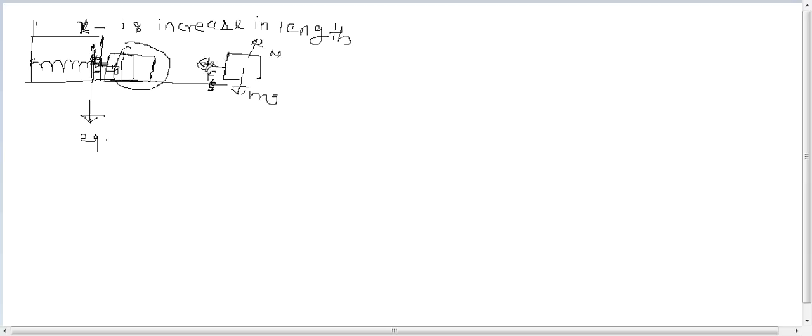Who exerted this force? The question is who exerted this force?